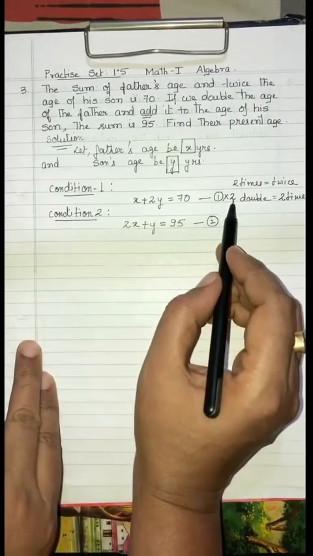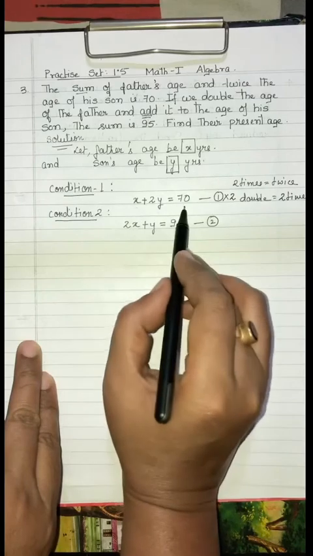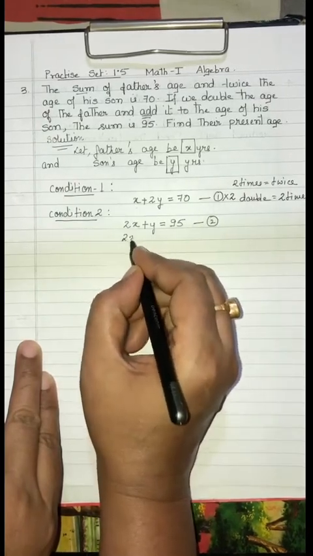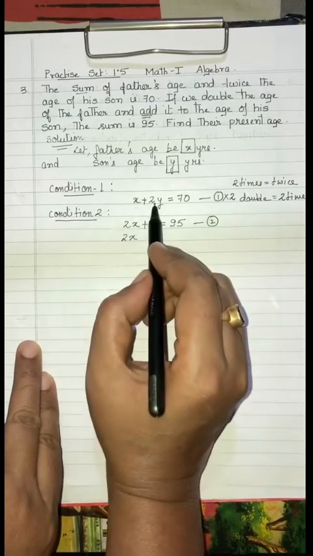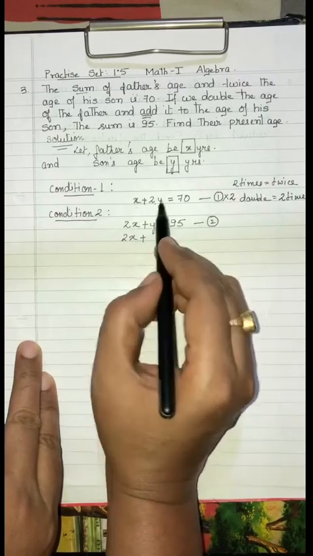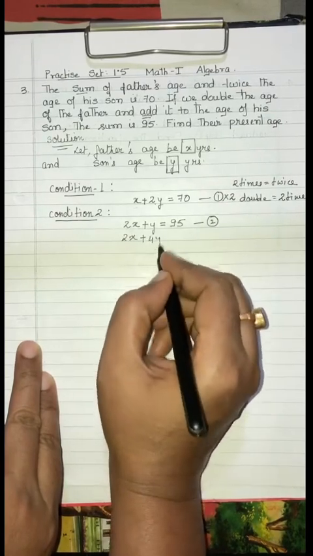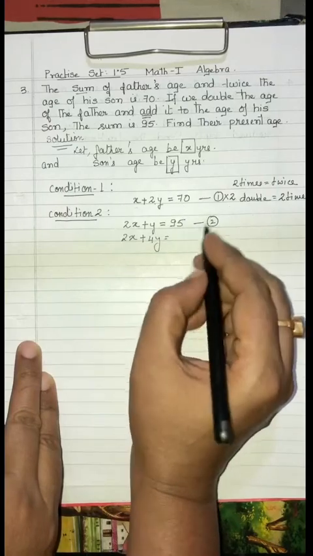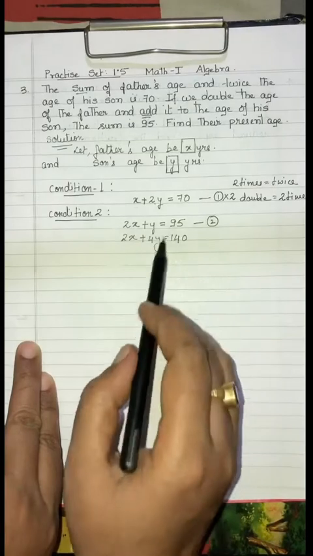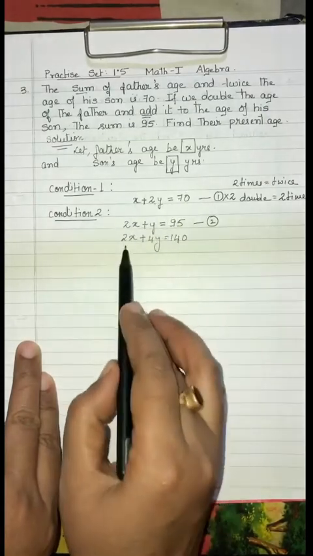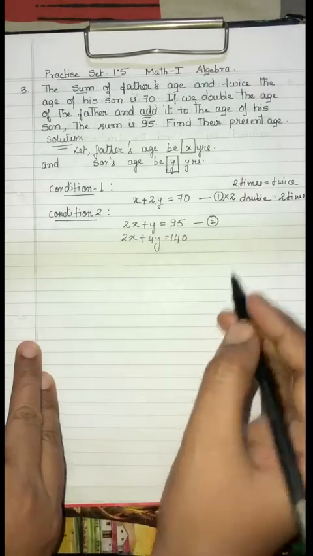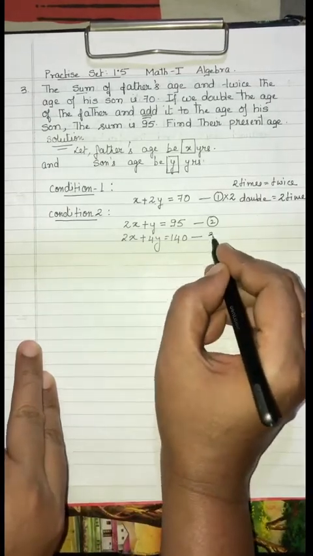If we multiply the equation by 2, this equation will be reformed as 2 into x, 2x, plus 2 into 2y is 4y, is equal to 2 zeros are 0, 2 sevens are 14, 140. So equation 1 is reformed as 2x plus 4y is equal to 140. So let us take it as the third equation.